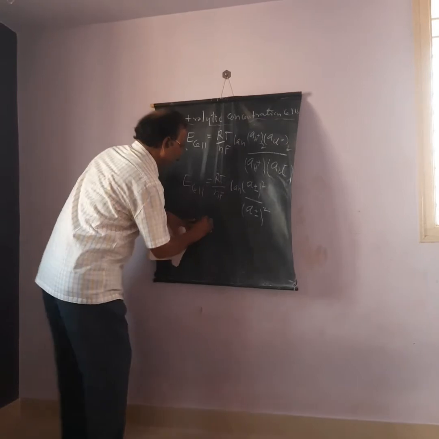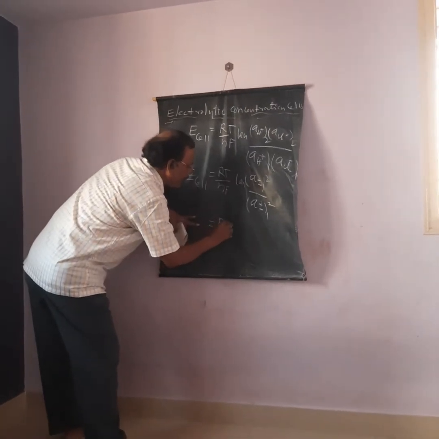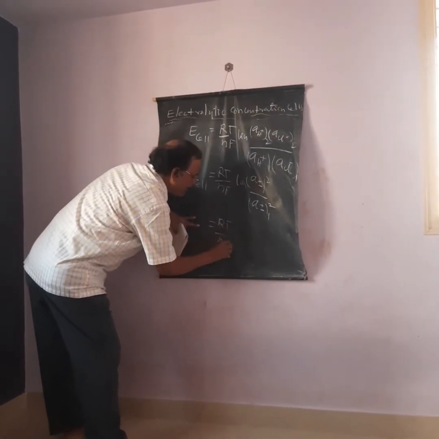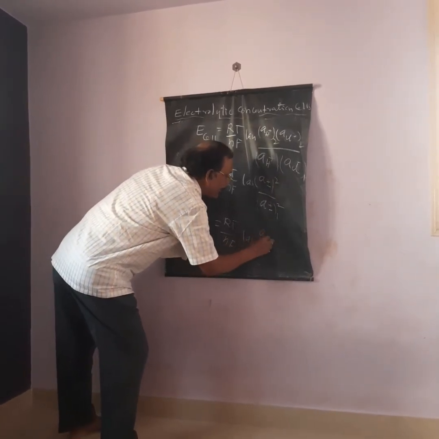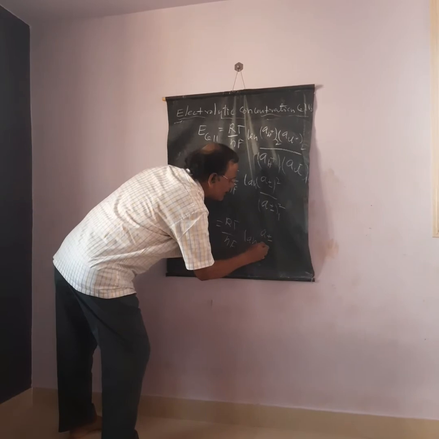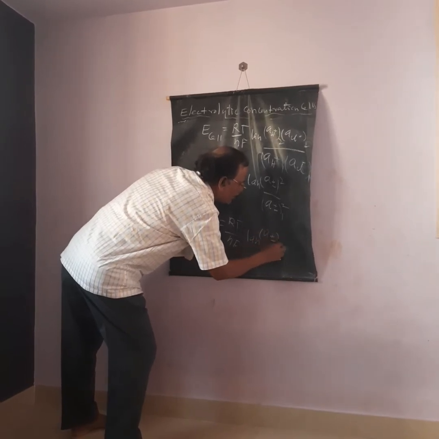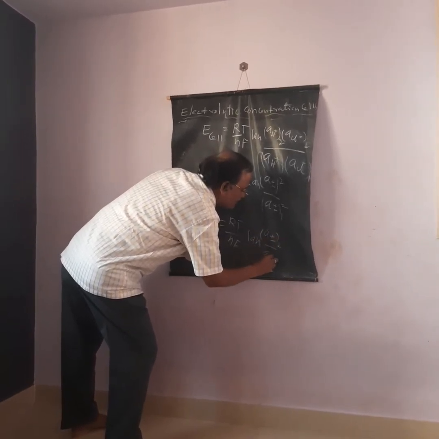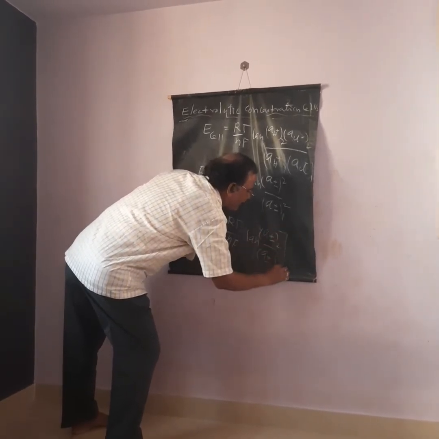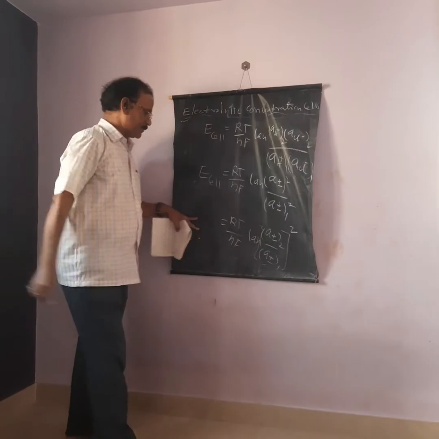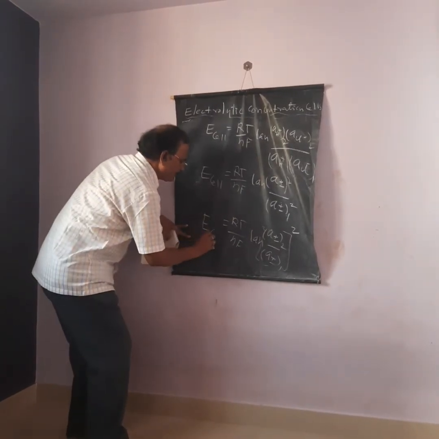It becomes RT divided by NF into ln of A plus or minus 2 divided by A plus or minus 1 whole square. This is the meaning of this equation. That is the EMF of the cell.